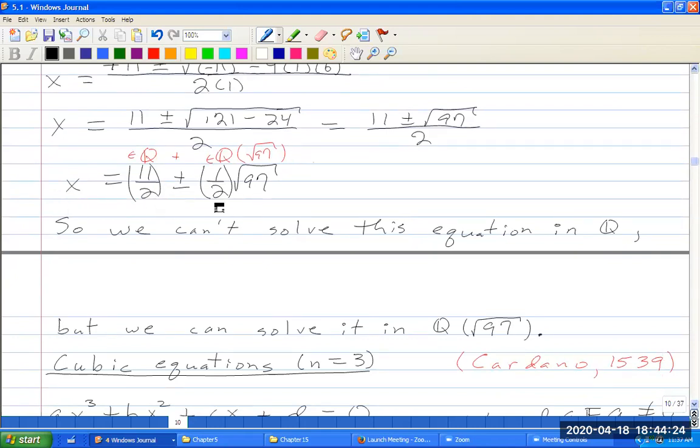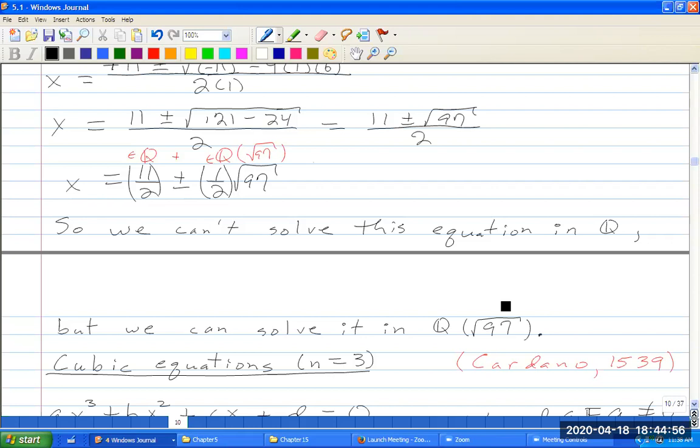Notice we cannot solve this equation only with rational numbers, but we can solve it where I have extended the rational numbers to include the square root of 97. So it's a linear combination of rational numbers along with rational numbers times the square root of 97.